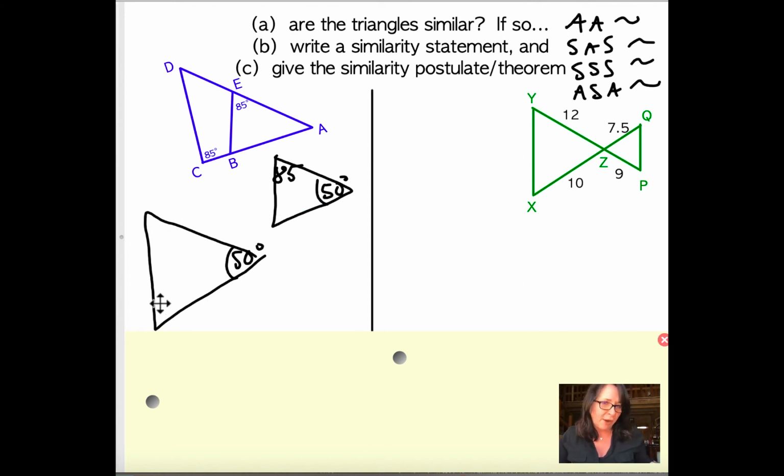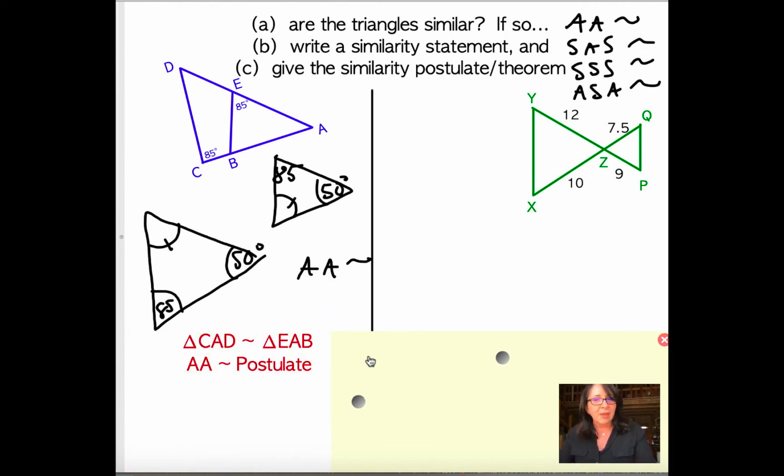The larger triangle has another angle of 85. It doesn't matter what the values are. What matters is that these have to be congruent. And so therefore, this is just angle-angle similarity. So these are similar by angle-angle similarity. My similarity statement would be that triangle CAD is similar to EAB. And you just write it like that.